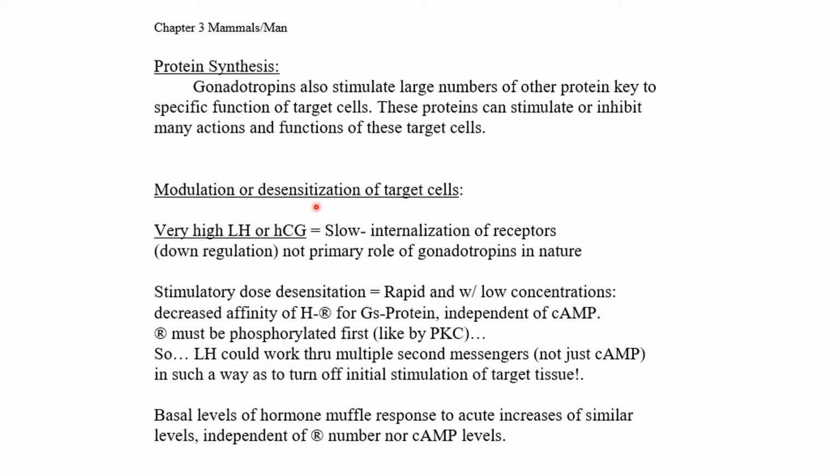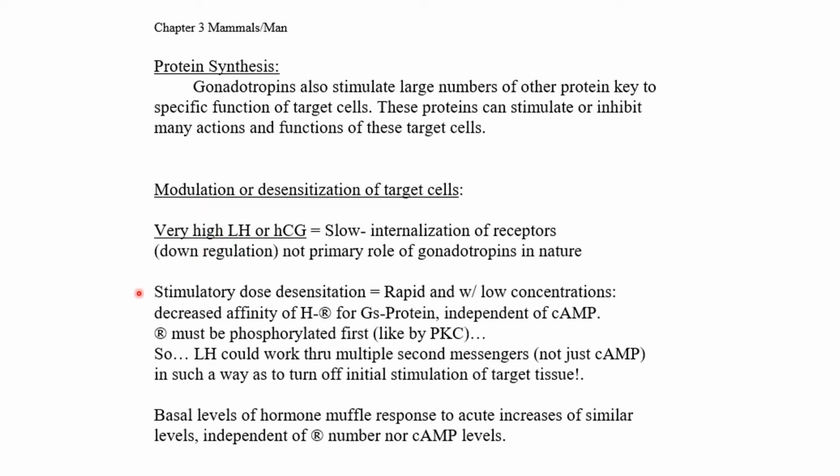Most of these target cells are geared up to operate on very low levels of hormone. So if we give very high levels of hormone in an experimental model, what we see is a very slow internalization of receptors, and that's called downregulation. And that would modulate the response of the target cell to LH.